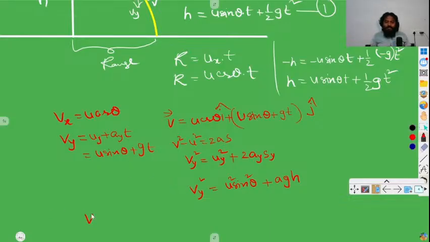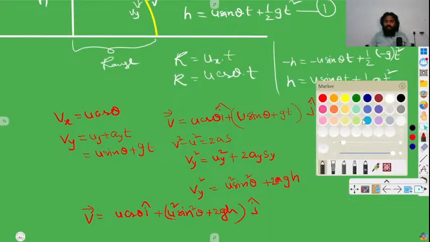Now what is v bar? Velocity is equal to vx, which is u cos theta i cap, plus root of (u square sin square theta plus 2gh) j cap, right?